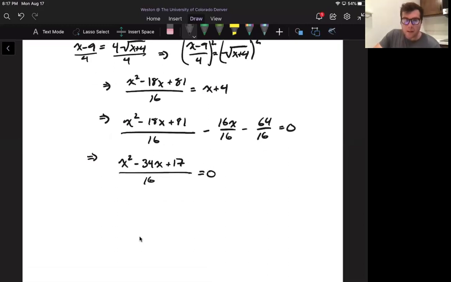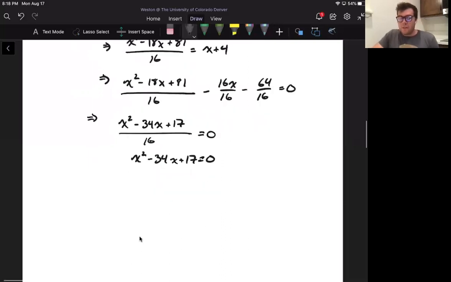And we just multiply both sides by 16. And we don't have to multiply each side by 16, but it clears out the denominator, so that way we just have to solve this equation. And then we just plug into the quadratic formula.